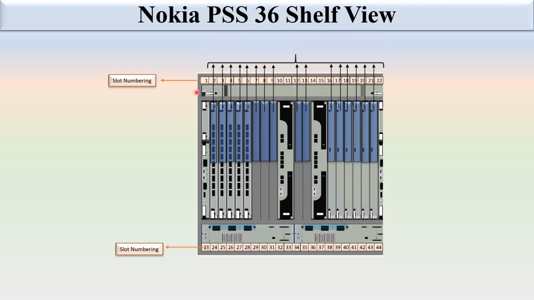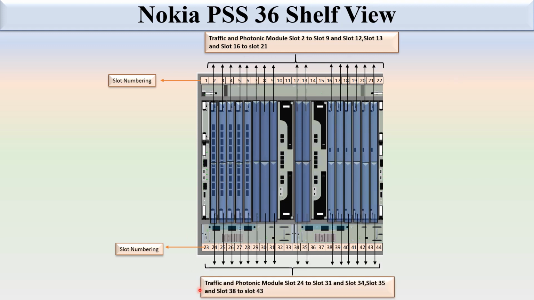You can see here that these slots are fixed for the traffic module or photonic module. Slot 2 to slot 9, slot 12, slot 13, and slot 16 to slot 21 are fixed for the traffic or photonic module.